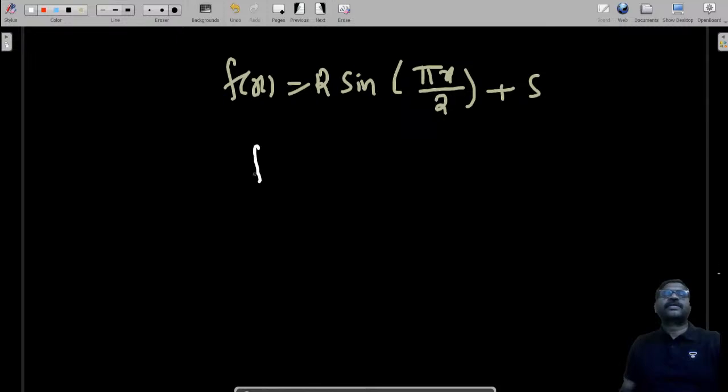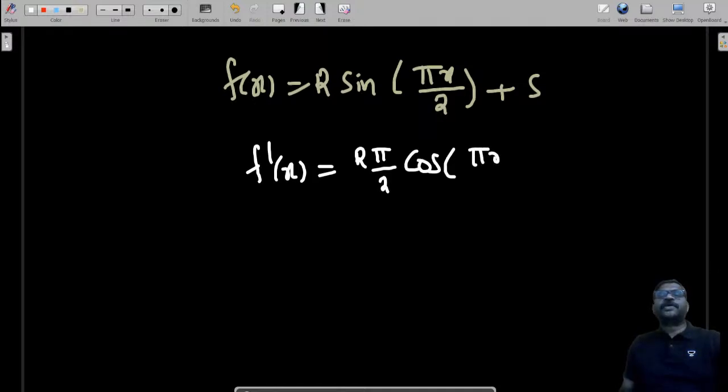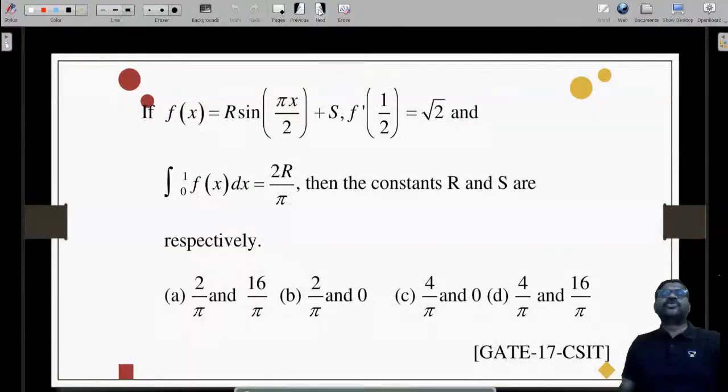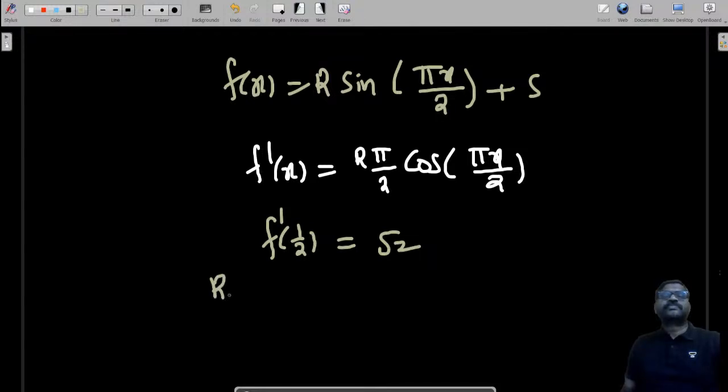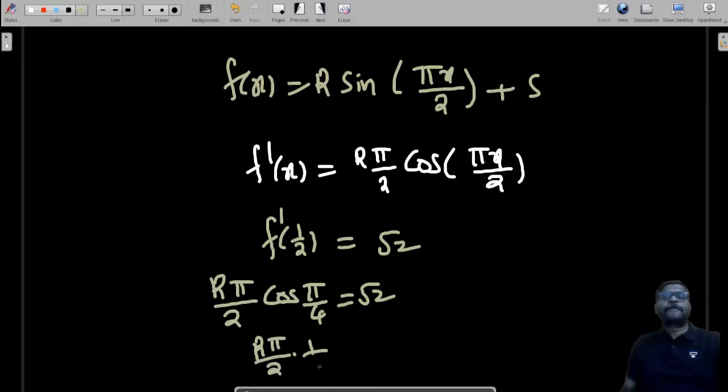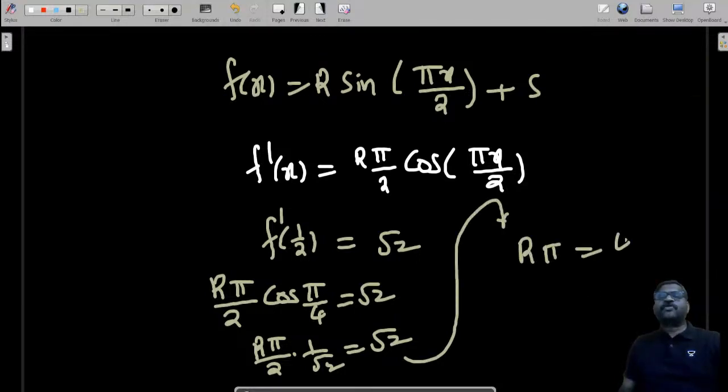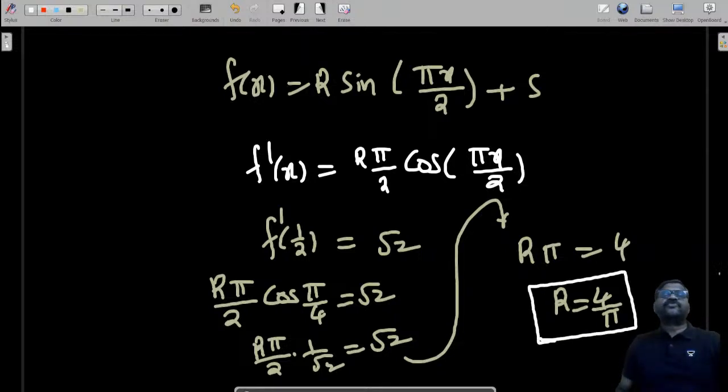Now, f dash x is r pi by 2 into cos pi x by 2. f dash of 1 by 2 equal to root 2. R pi equal to 4. R equal to 4 by pi.